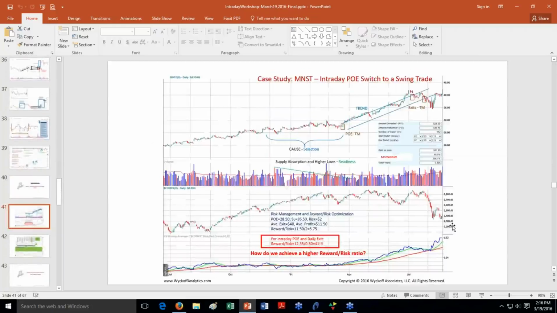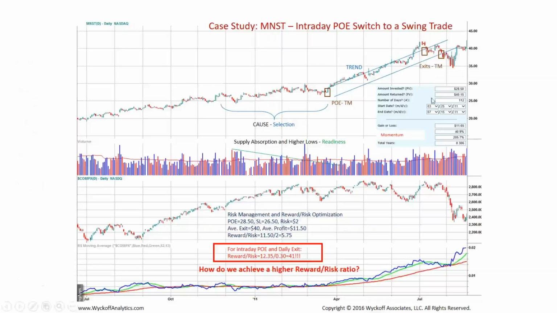Let's say we were on this bar, day trading, and we were thinking that maybe this was phase C. And by the end of the day, we open the position here, and we're going to keep this and switch into the swing trade.